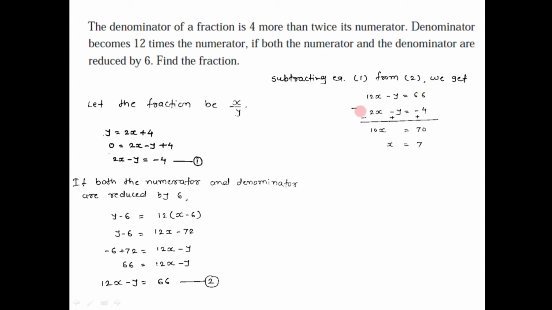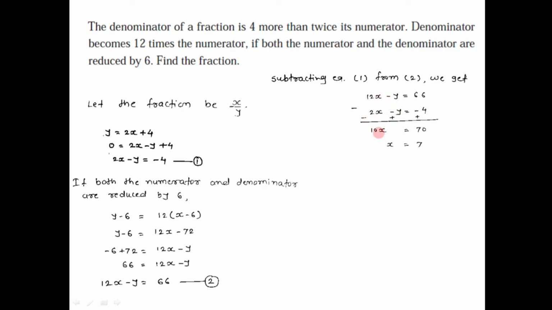And from this we subtract the first equation, which is 2x minus y is equal to minus 4. As we are subtracting the first equation, we change the sign of each term in it: plus 2x becomes minus 2x, minus y becomes plus y, minus 4 becomes plus 4. Here minus y plus y gets cancelled.